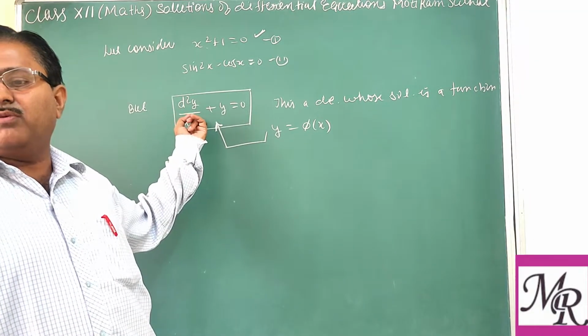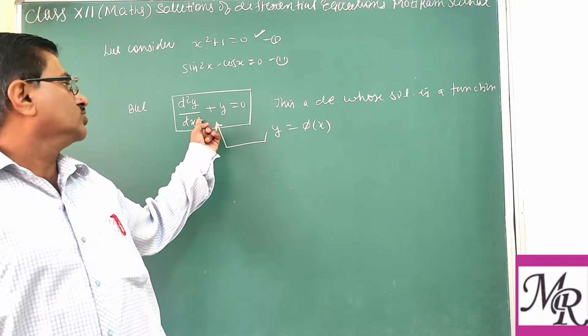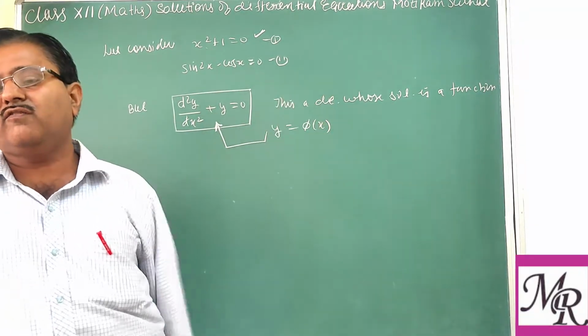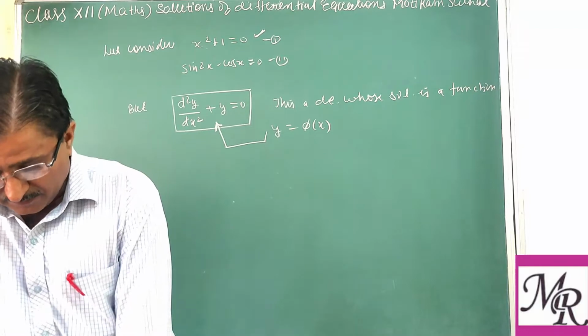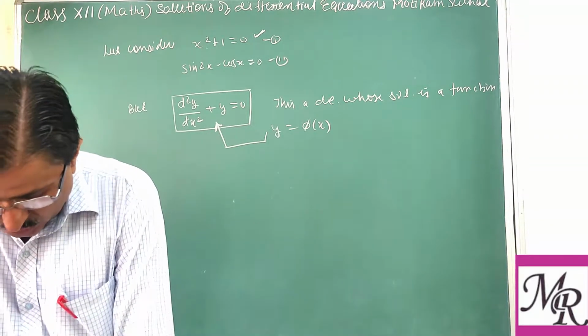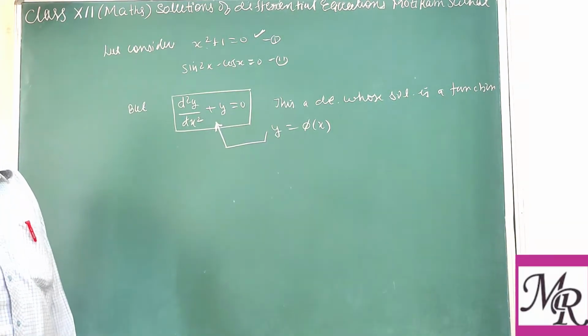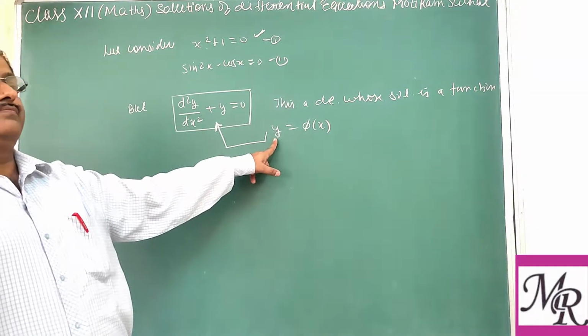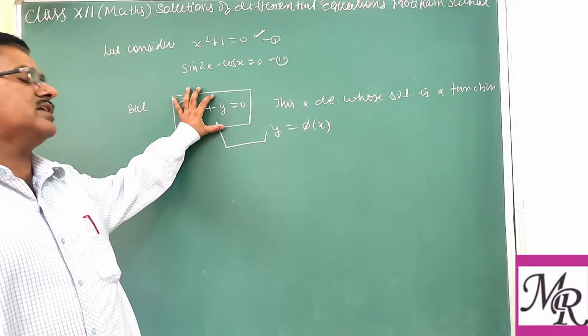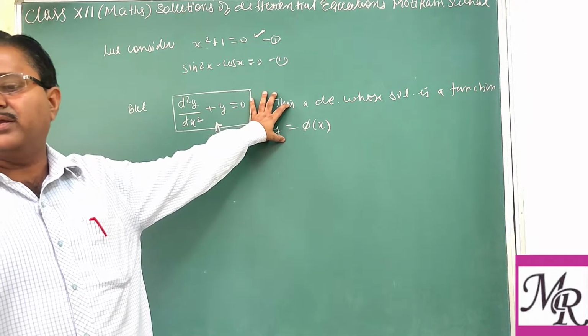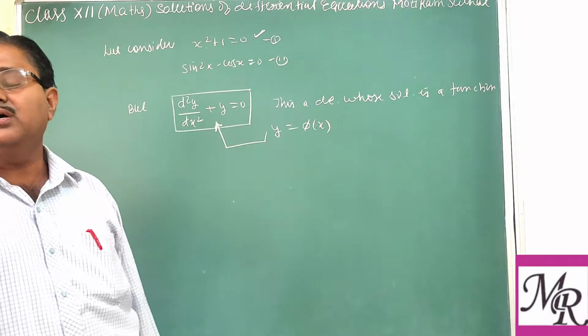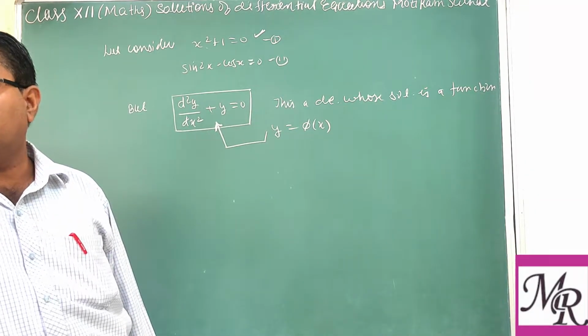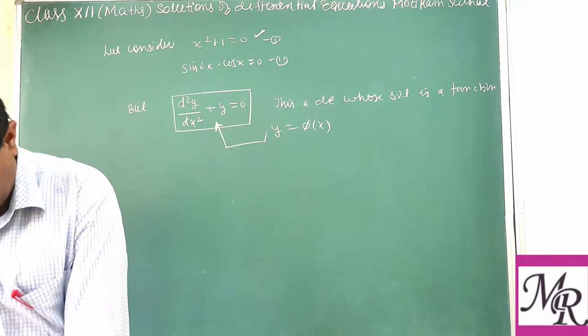The second derivative of what? That is a function. So the value of y should be a function, not a real number. When the function phi is substituted for the unknown dependent variable y, the left hand side becomes the right hand side.